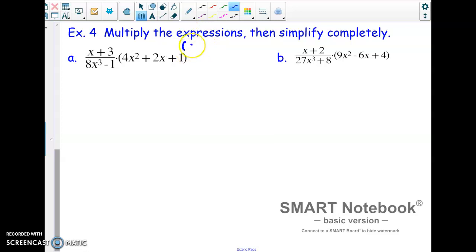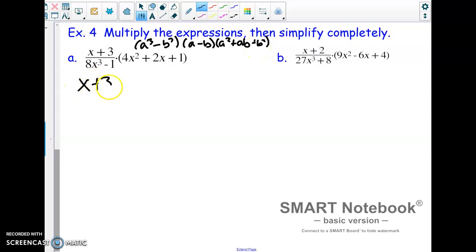So a cubed minus b cubed would give me a minus b times a squared plus ab plus b squared.